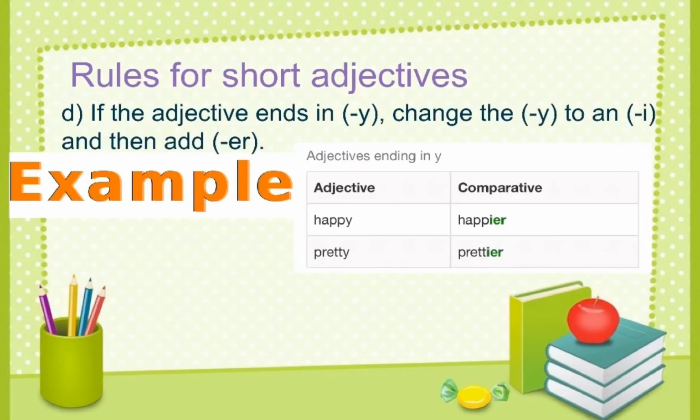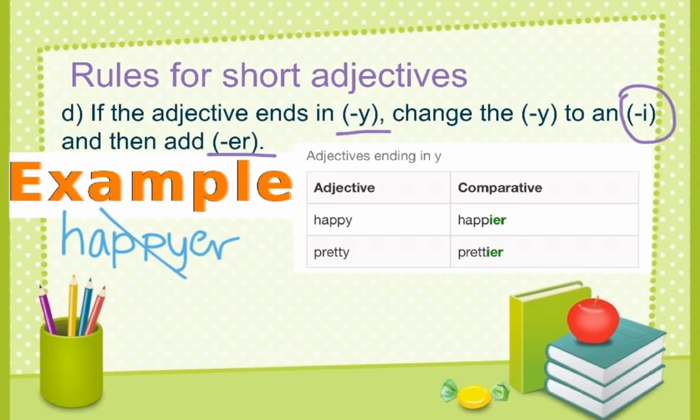Rule D. If the adjective ends in Y, we change that Y to an I. And then we add ER in order for it to be a comparative adjective. Let's look at the two examples we have below. Happy. You cannot say, I am happier, Miss Ileana.